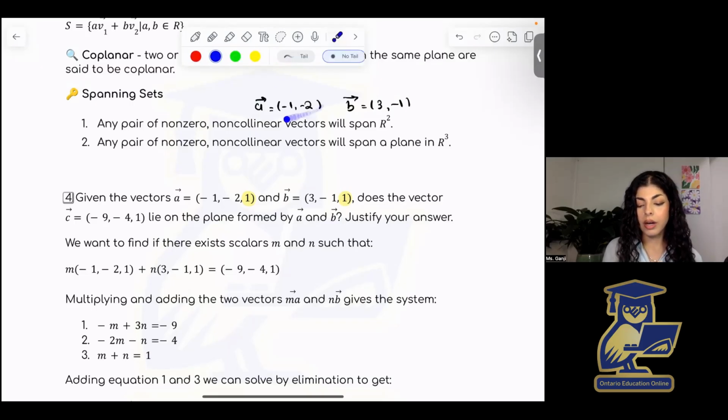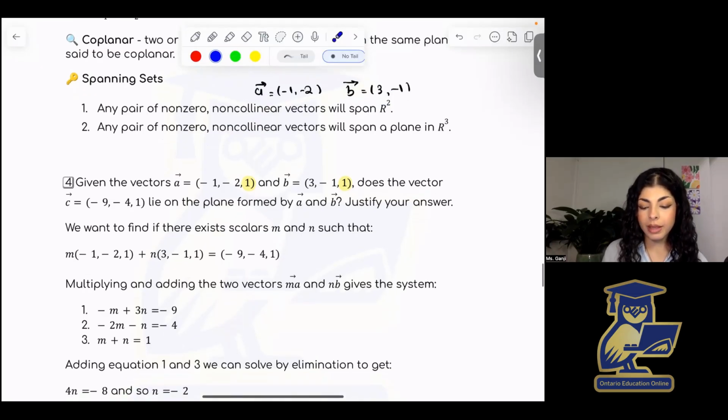These two are non-collinear. They're also non-zero. You can do a quick check for non-collinear because this is not a multiple of this. And so these two will form a spanning set in R squared, but now fixing Z to be 1, they will also form a plane in R cubed where Z is equal to 1.